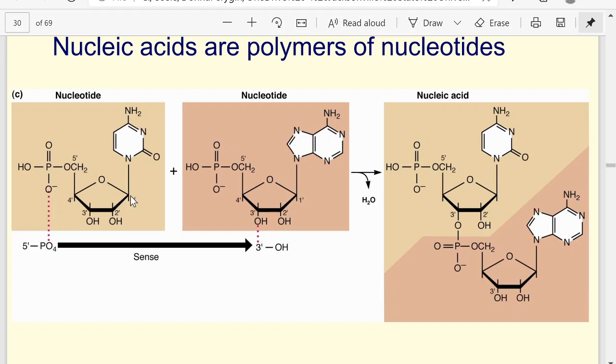This is called the 1' carbon, and this goes from 5' to 3'. The 5' carbon end is connected to the 3' end of the next sugar. So that's our direction, 5' to 3'.